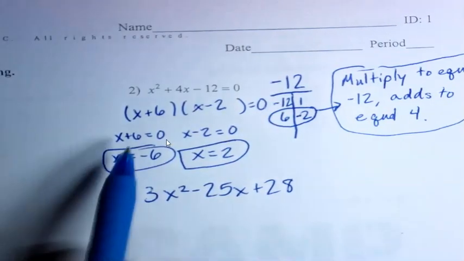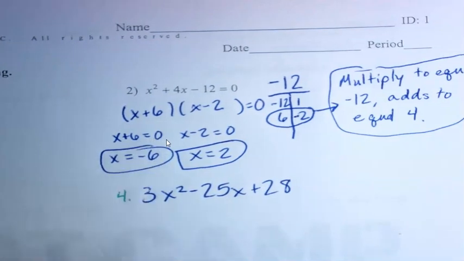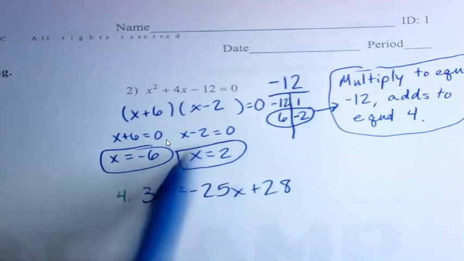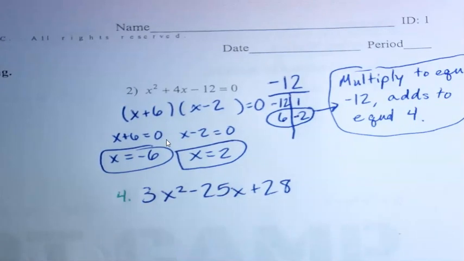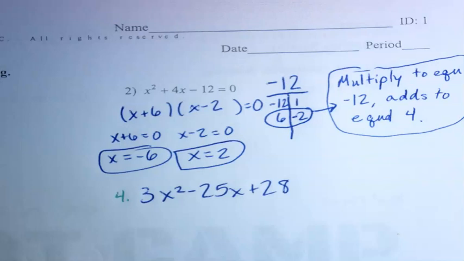I did that very quickly, but I just subtracted 6 on both sides and got negative 6, and I added 2 on both sides and got a positive 2. That is factoring in a nutshell with a coefficient of 1.